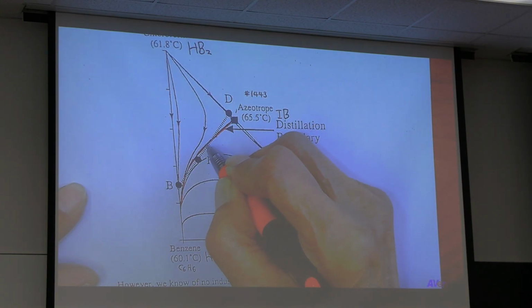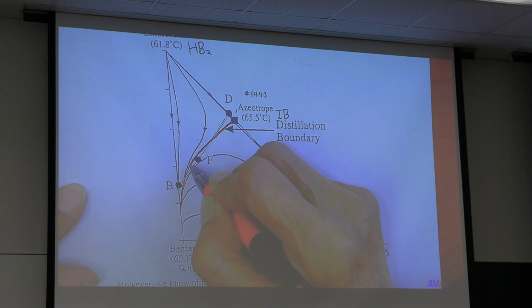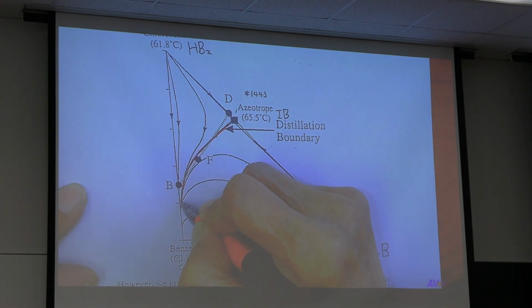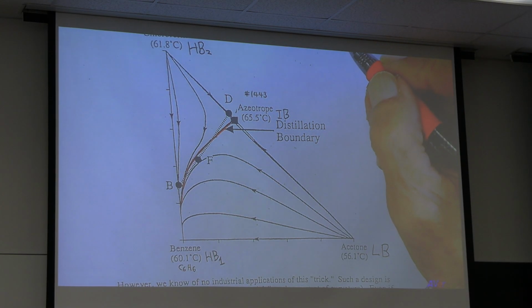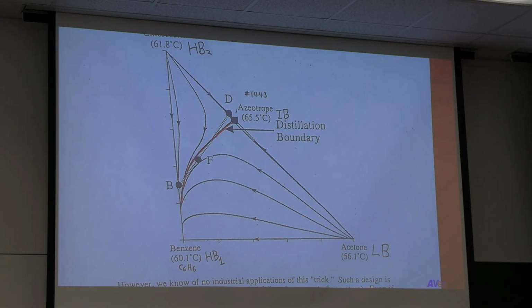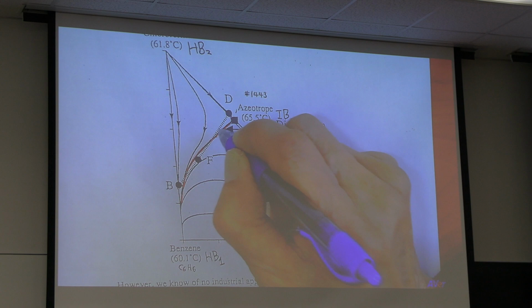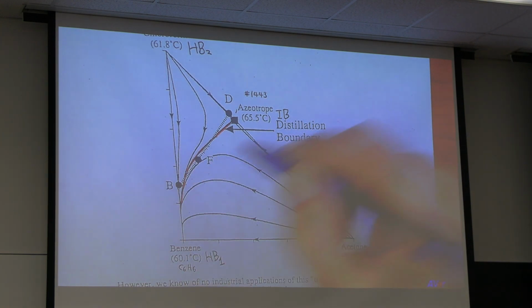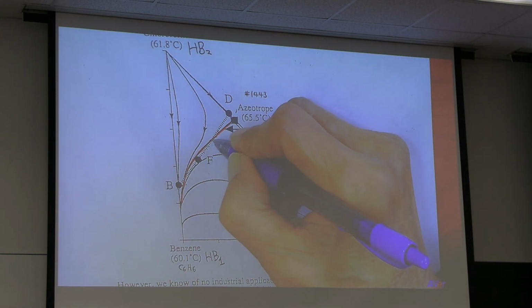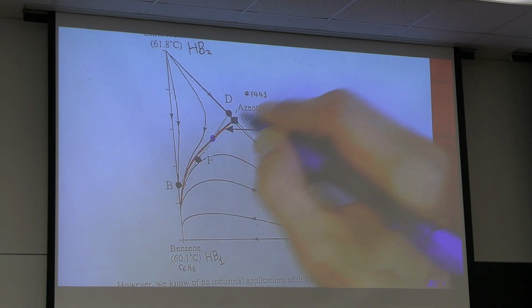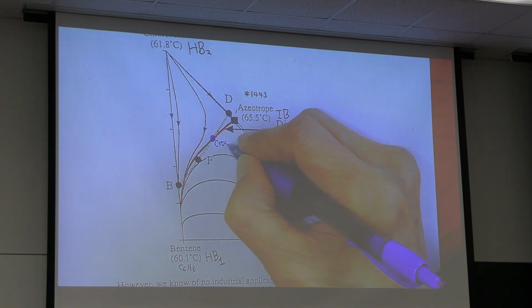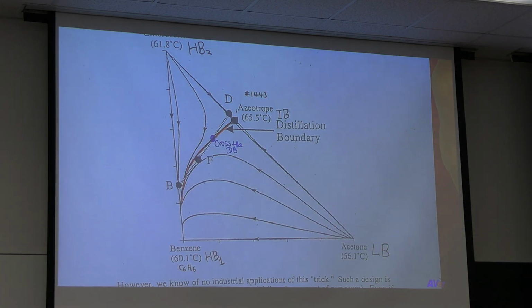This is actually a distillation boundary. Your column, the dot, actually cross the distillation boundary. What's special?